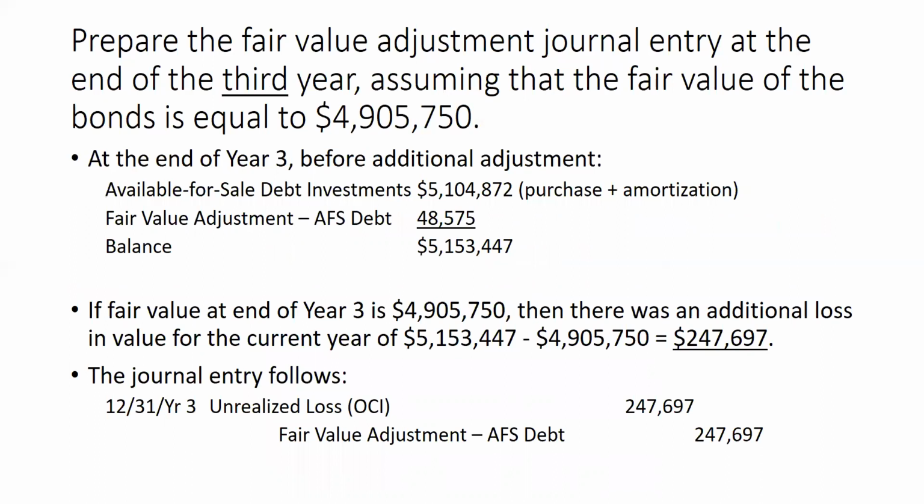If the fair value at the end of year 3 is only $4,905,750, then there was an additional loss in the current year of $247,697. We debit this to unrealized loss, and we credit it to the fair value adjustment account.